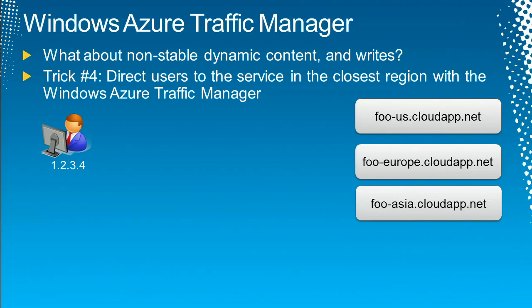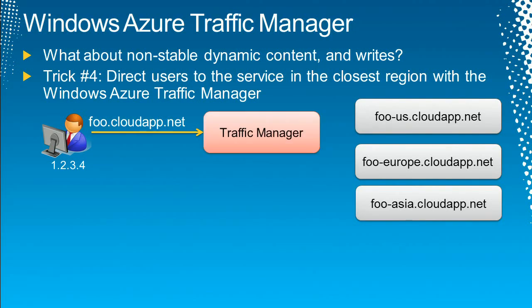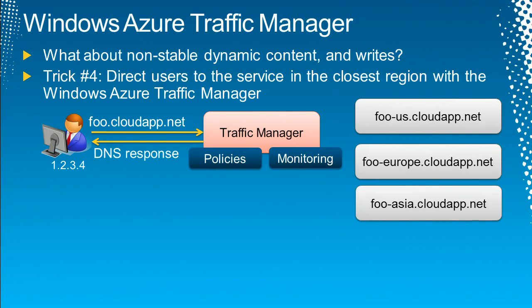You use a special DNS name that points at our traffic manager. And our traffic manager makes the decision based on a policy that you configure and based on some monitoring data that you also control to send that user a particular DNS response that will then point them at the service that's the best match for them, according to the policy and the monitoring data as we know it at the time.